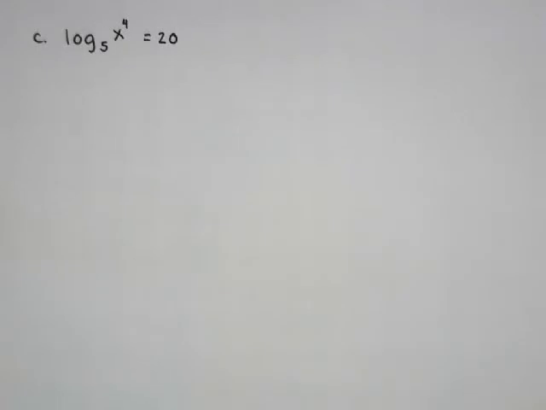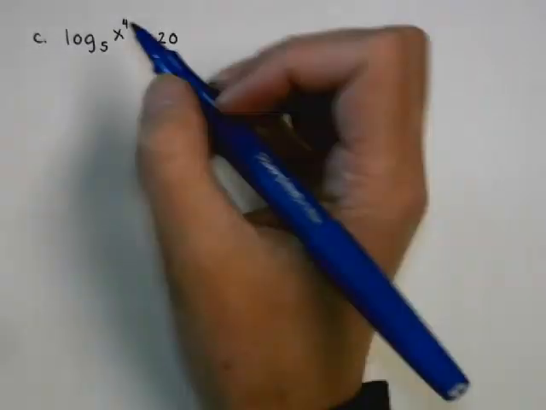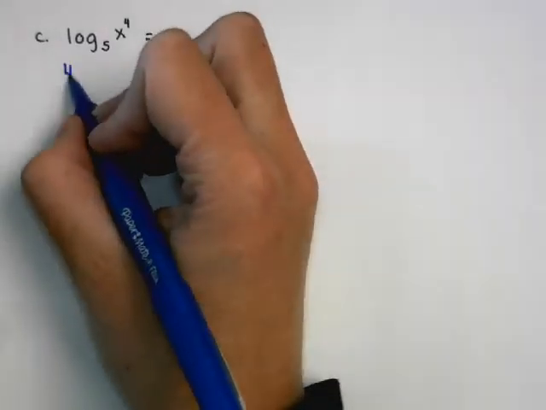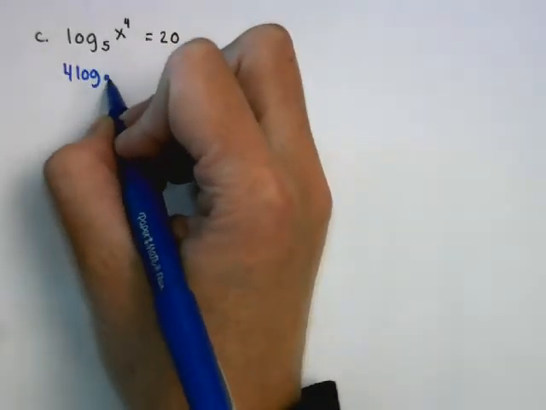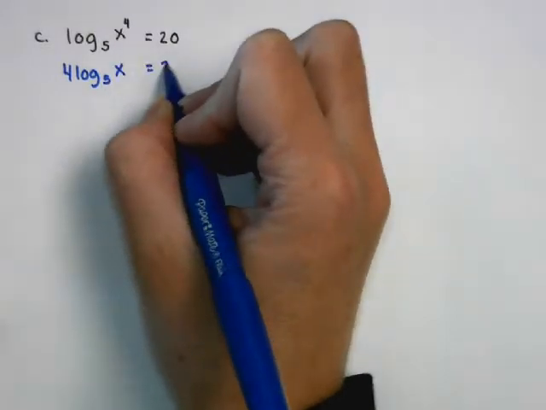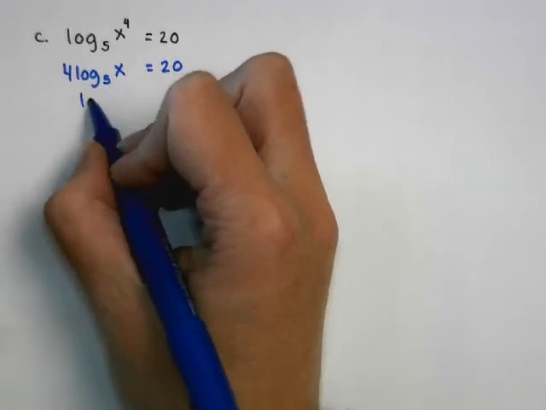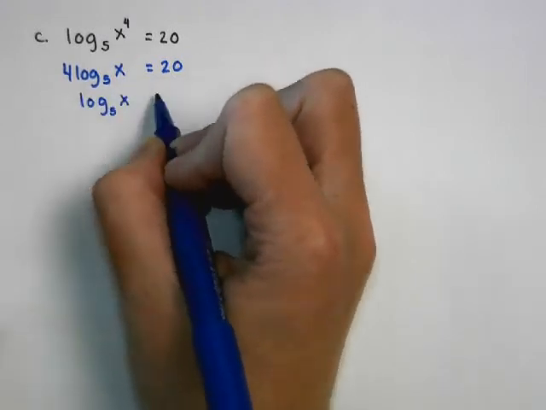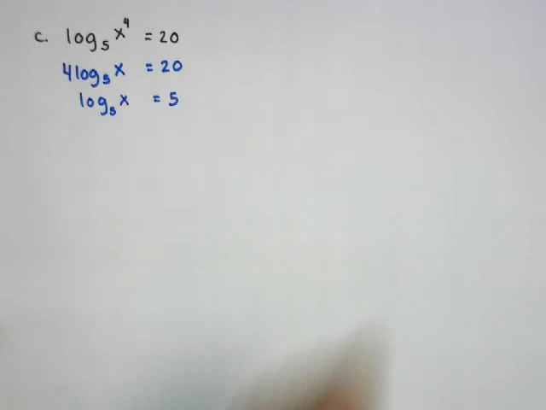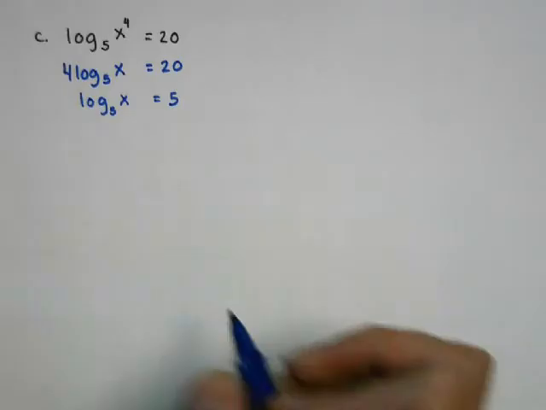Our third equation here, log base 5 of x to the 4th equals 20. So first I'm going to use the power rule. Then I'm going to divide both sides by 4. Now we'll introduce a base that gets rid of the logarithm.